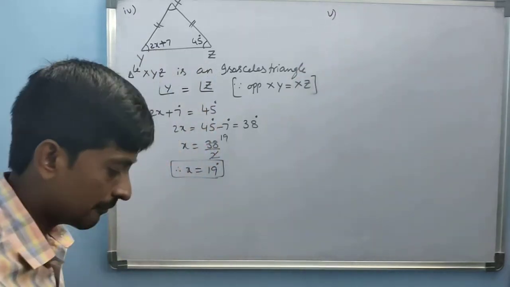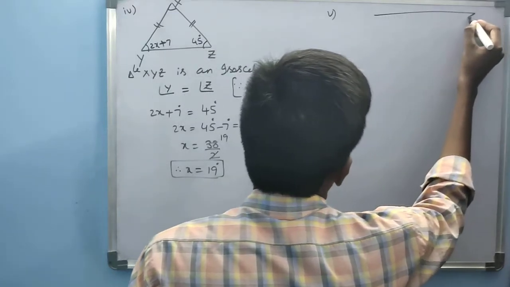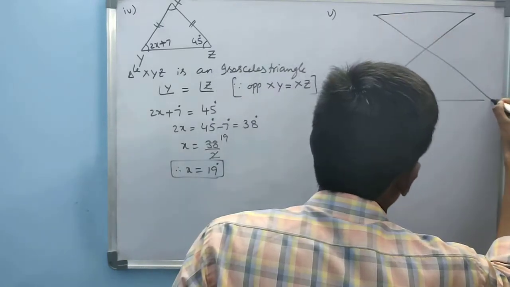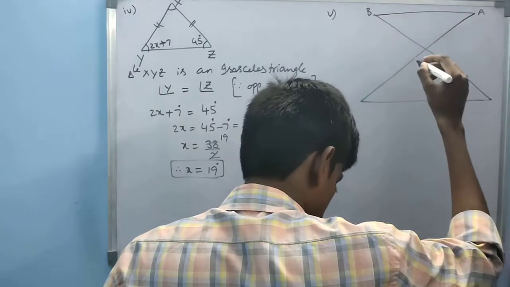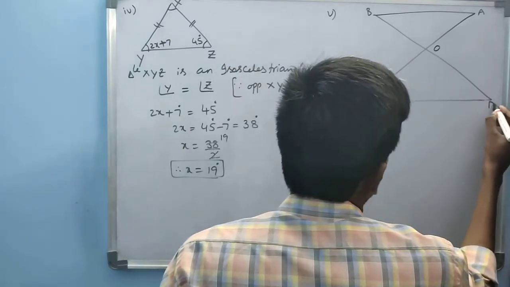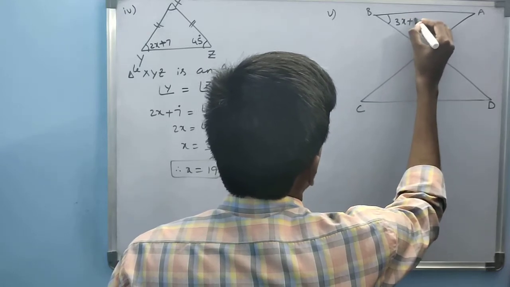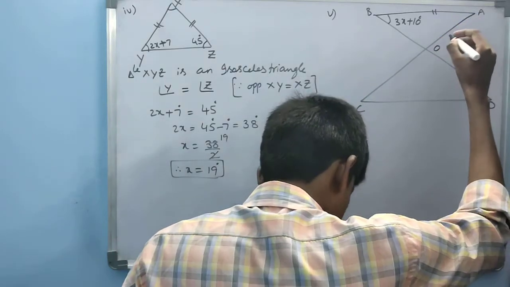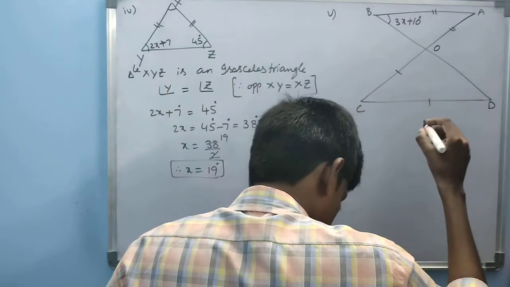Now, what is the fifth one? The diagram is given like that. This is A, B, O, C and D. Here this angle is 3x plus 10 degrees. This and these two are equal. This one and this one are equal.